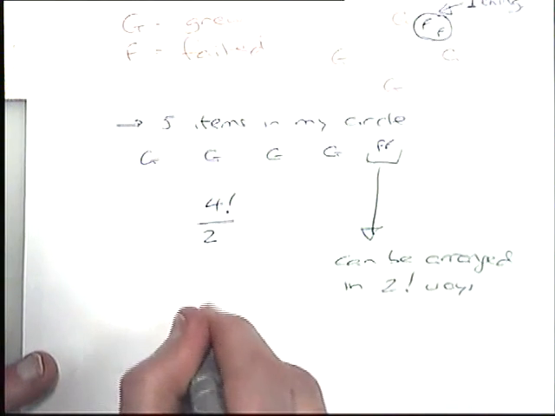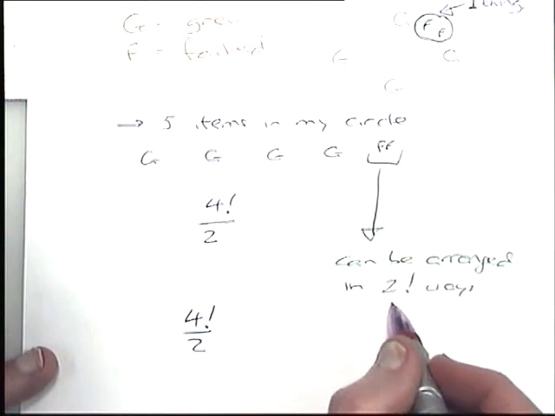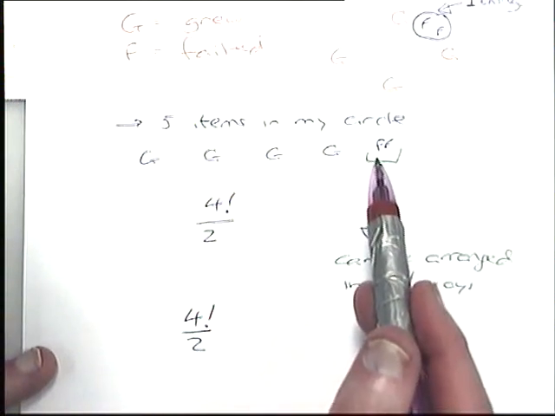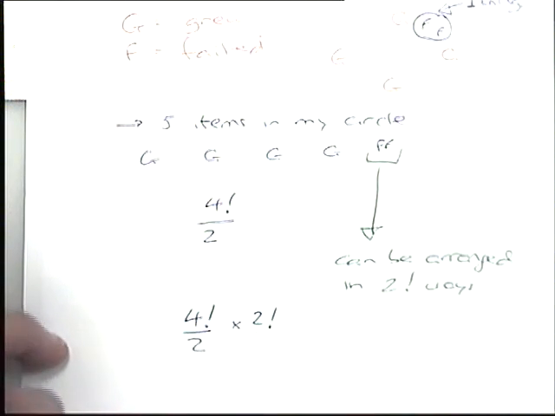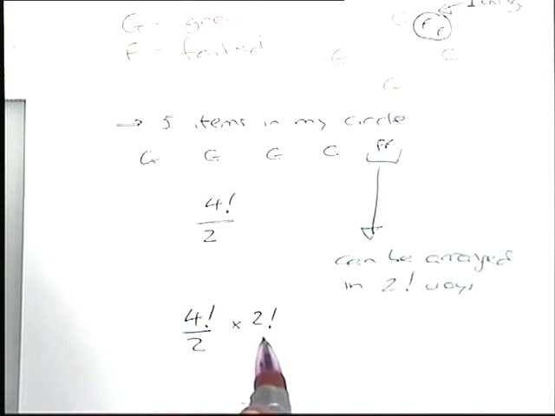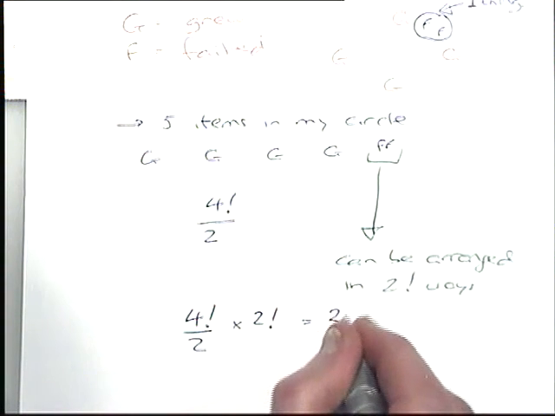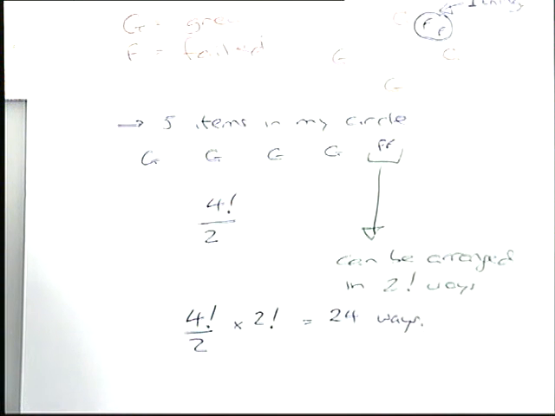So we have this over here, but then we also have to account for any position they are in. They could be arranged in 2 factorial different ways. 2 factorial is just 2. They cancel out. We are left with 4 factorial, which is 24. So there are 24 ways we can get what we want to start with.